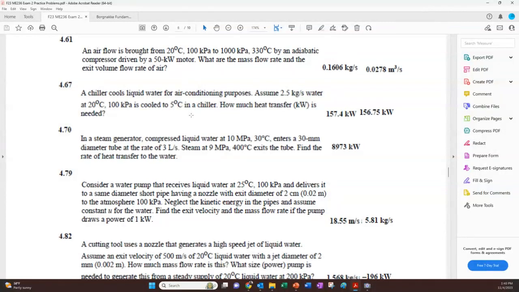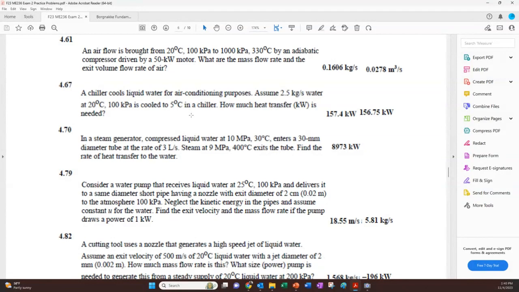And consider a water pump that receives 25 degrees Celsius. P1 is 100 kilopascals and delivers to the same diameter. So in and out equal the same thing. Short pipe with a nozzle and exit diameter.